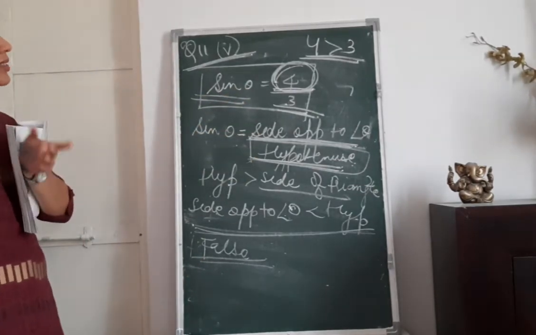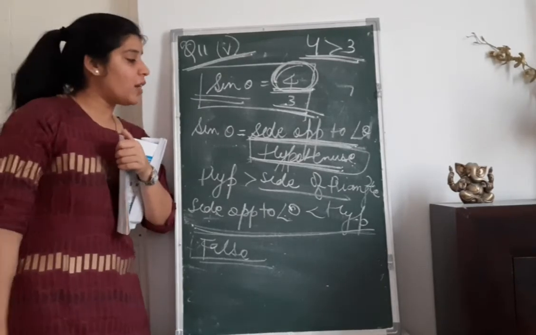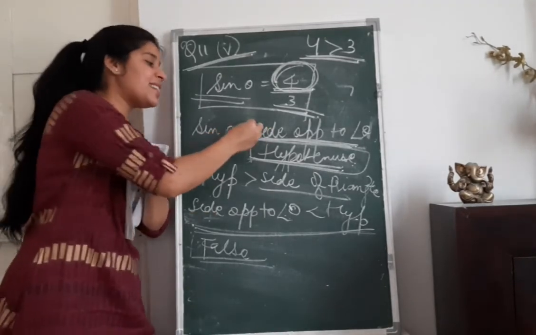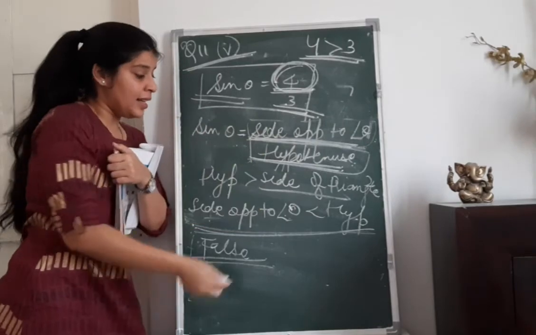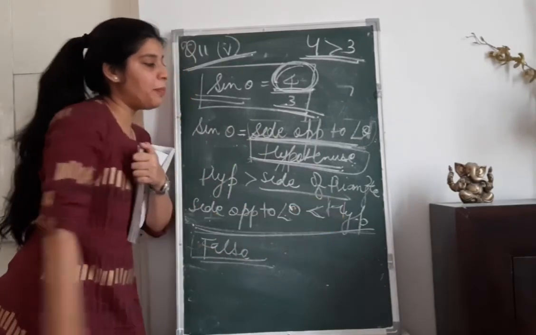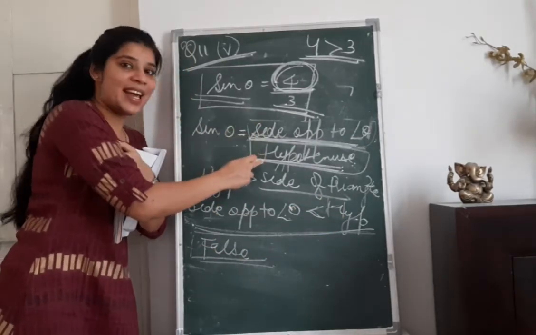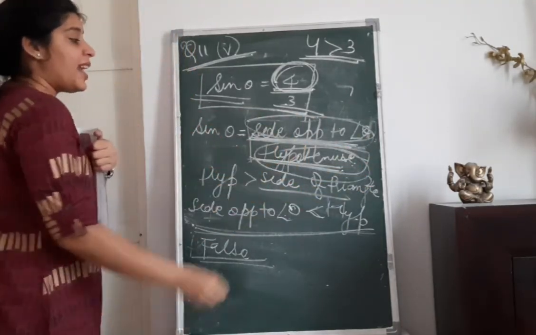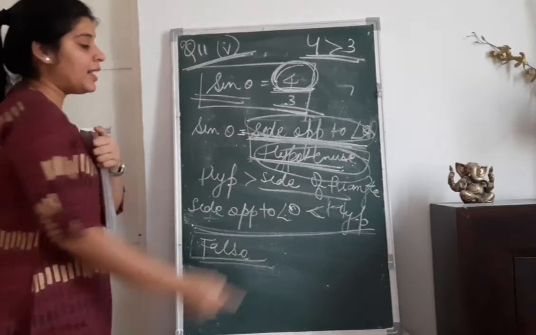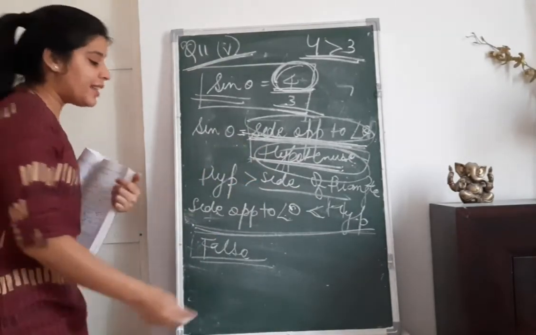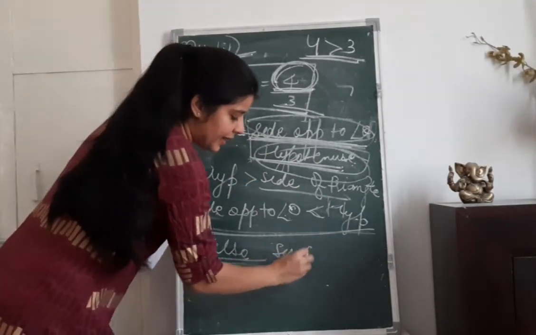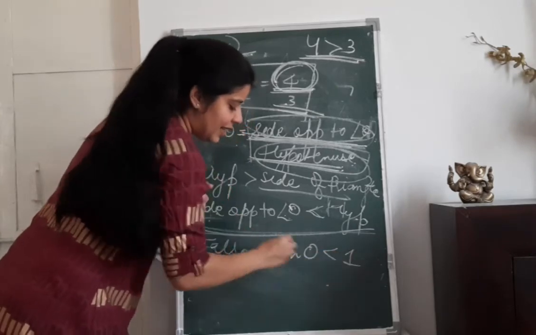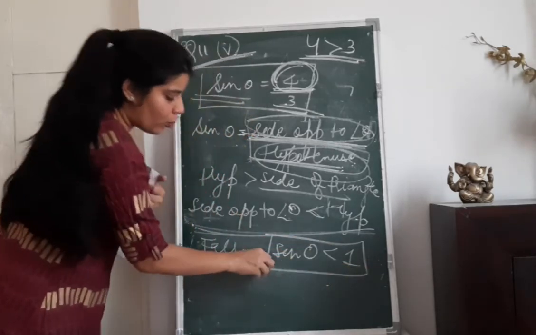One of the interesting observations which we can find from this question is that side opposite to angle theta is always going to be less than hypotenuse. So can I say that this is always going to be less than this, that is hypotenuse, therefore sin theta should always be less than 1.